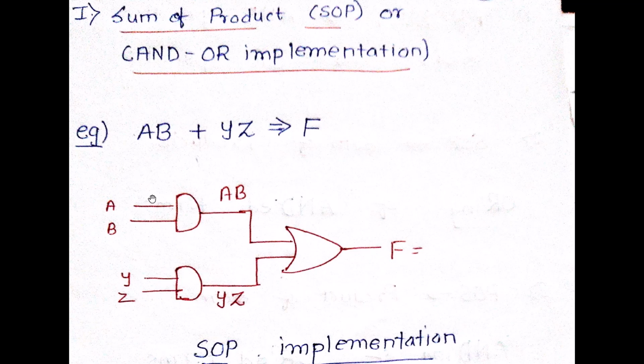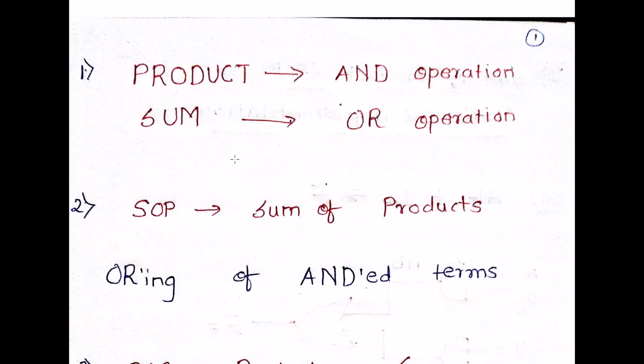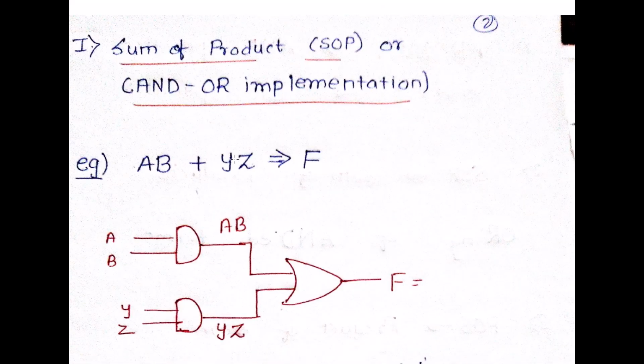So you have the inputs A and B, AB. You have the inputs Y and Z, that is YZ. The output is going to be AB plus YZ. So this is the logic gate implementation of this particular sum of product, that is ANDing of OR operation. Okay, I'm sorry, it is ORing of AND operation.